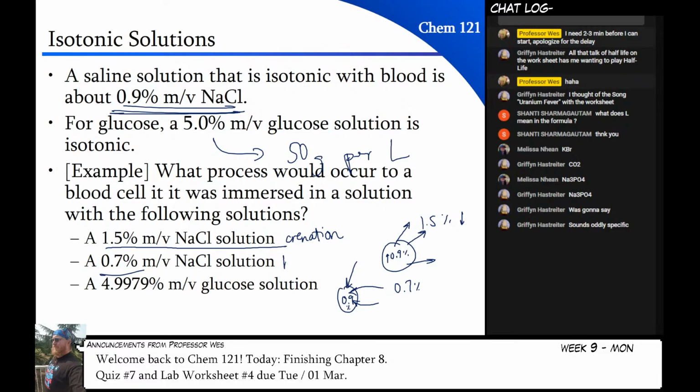So this would be hemolysis. And then this solution right here, this is close enough to our target number that we can just say, oh, it's isotonic, nothing should happen. Normal biological function is anticipated.